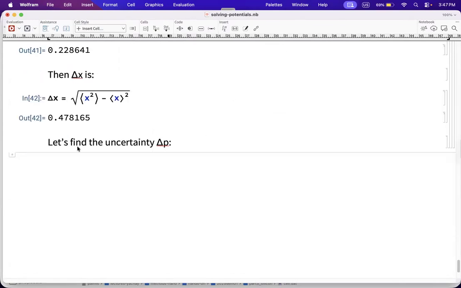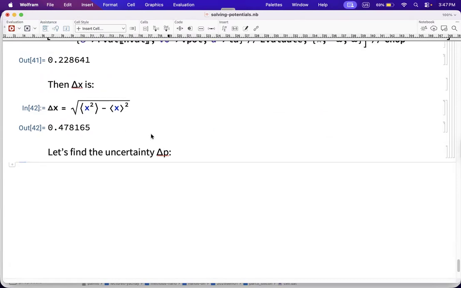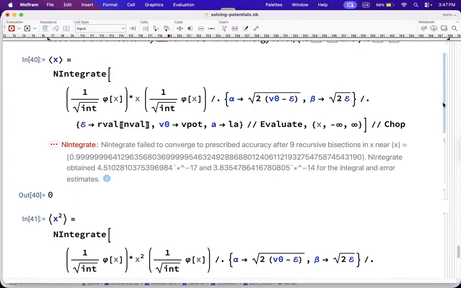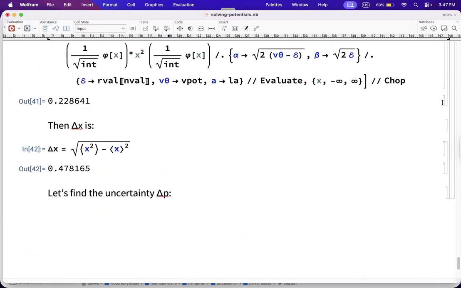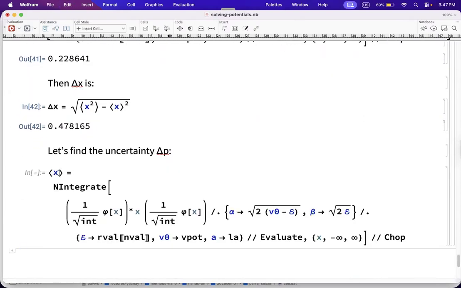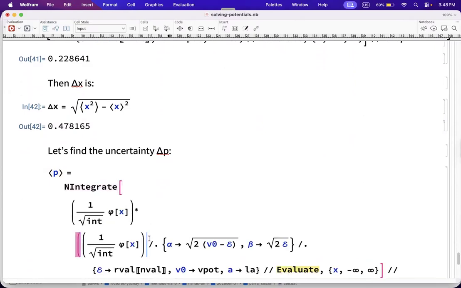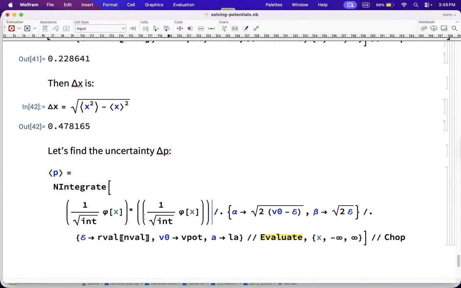Okay, so now we are going to find the uncertainty delta P. To compute this, it's very simple. We're going to use this one here. I'm going to copy, change it to P, and instead of this x, I'm going to cover it with parentheses.